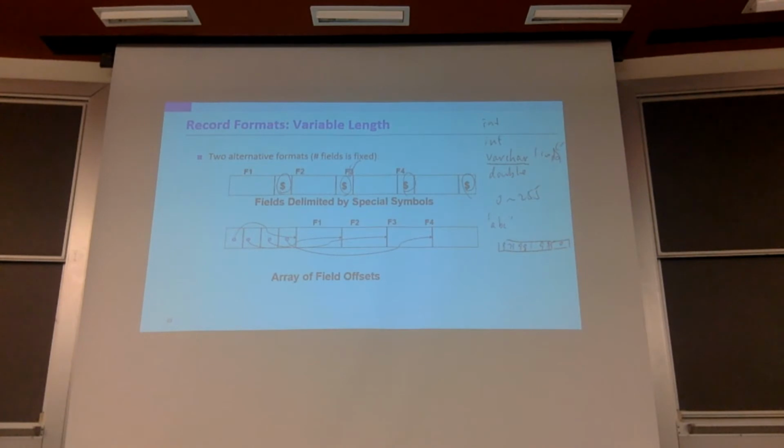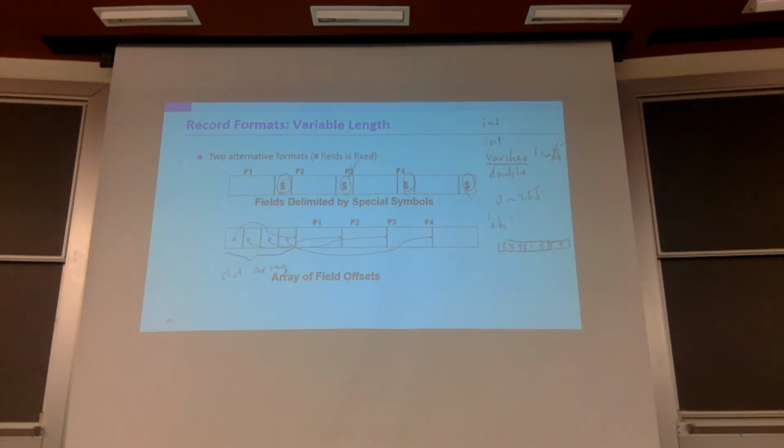The other possible way is to remember the offset. First you would have a slot array for the fields. This is called a slot array. We will also mention a slot array in the page format, in addition to this record format, but don't get confused, because they are all called slot arrays.